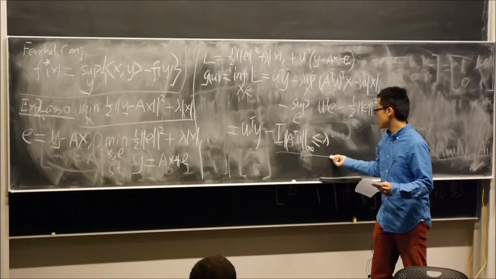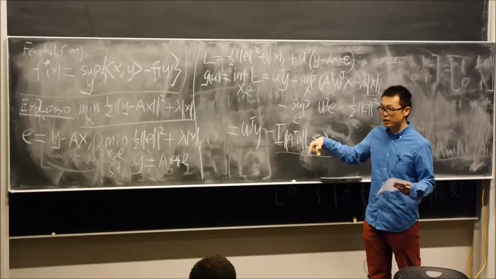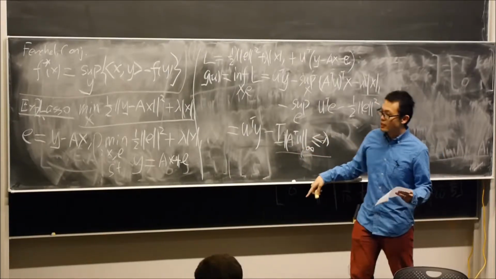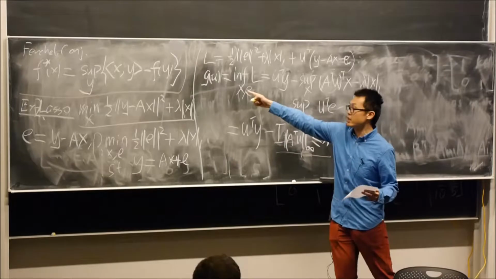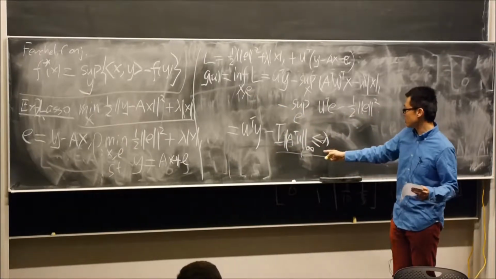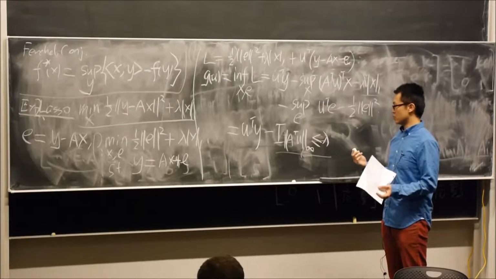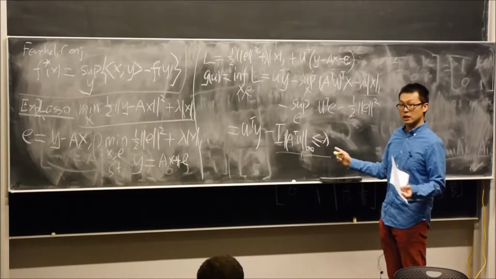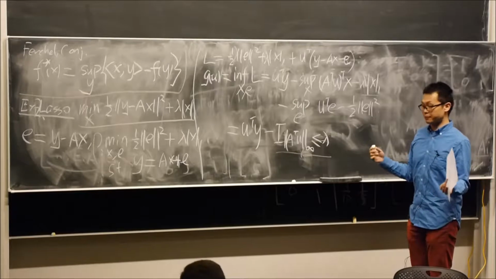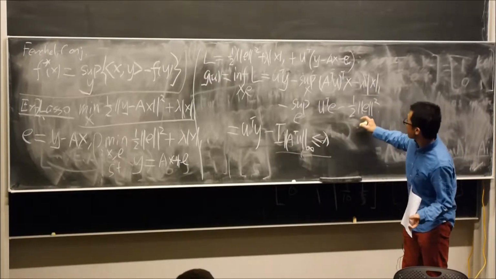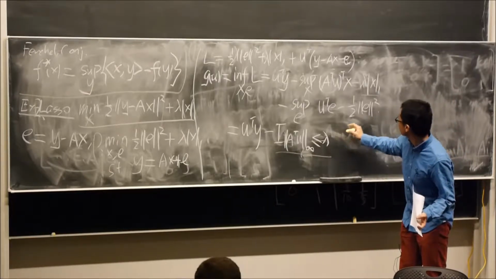This is an indicator function, and it gives you negative infinity. Bear in mind that we are maximizing this g in the dual optimization, so if this thing gives you negative infinity, we can simply write it as a constraint.